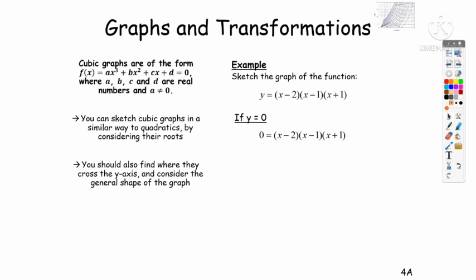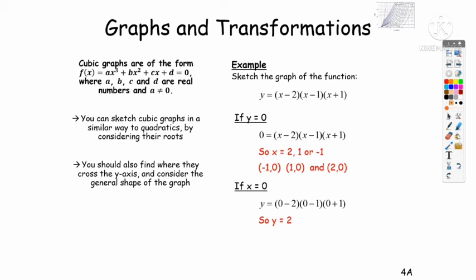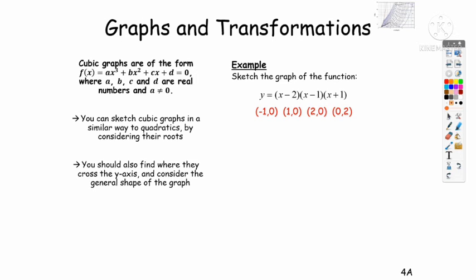If y is 0, then I get x equals 2, x equals 1 and x equals minus 1 by solving each of those brackets. So I get (minus 1, 0), (1, 0) and (2, 0). And if x is 0, I just sub in 0 and I get y is equal to 2. So I get (0, 2).